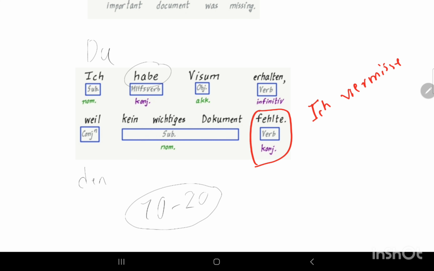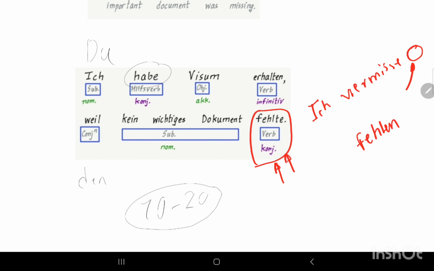But when someone is missing, for example, you have a meeting and a colleague is not there, you will use the verb fehlen.